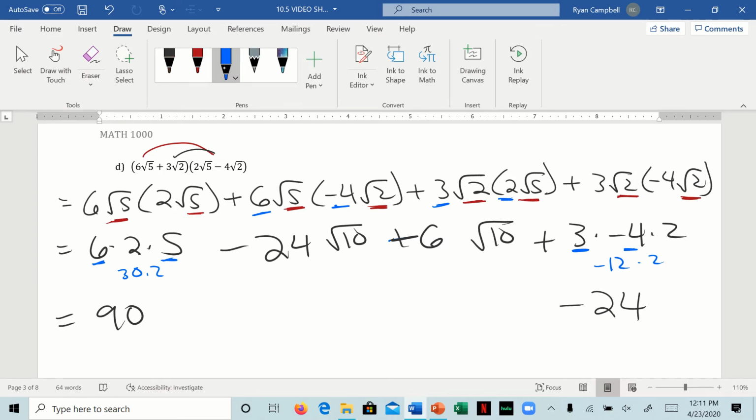And then, of course, we can combine these two, right? Because they have the same radical expression. So negative 24 plus 6 is negative 18.